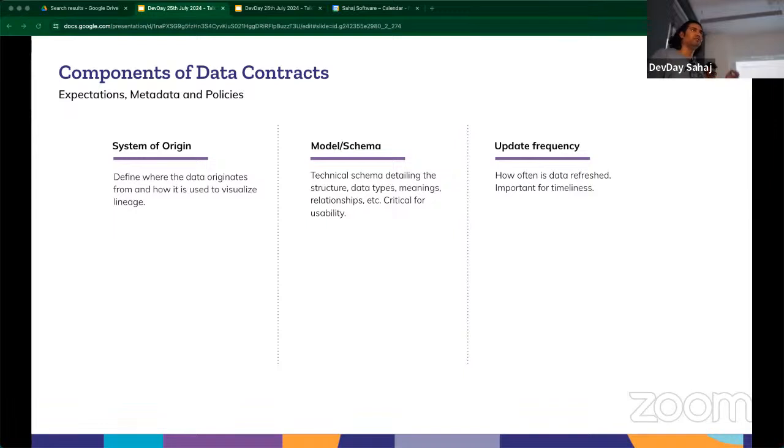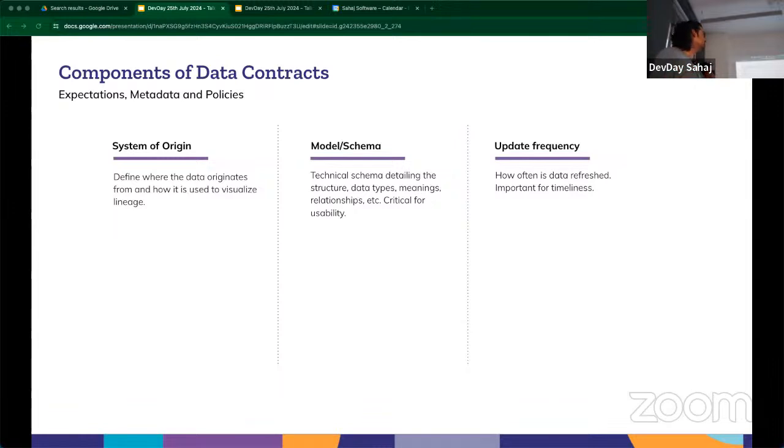So identifying the different sources of data and adding those into your contract will help people understand where this data is coming from, and help your users also identify the lineage of your data and how it flows.